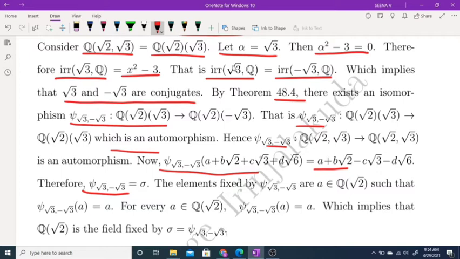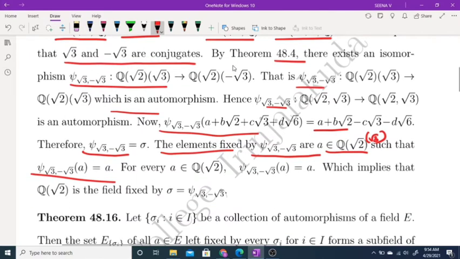Now the elements fixed by psi root 3, minus root 3 are a belongs to Q of root 2 such that psi root 3, minus root 3 of a equals a.